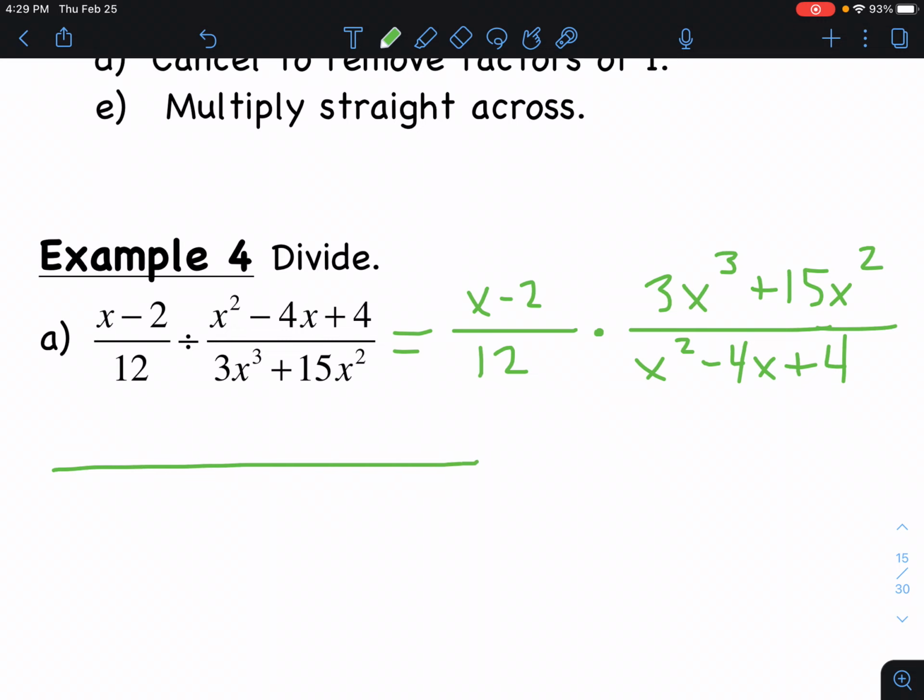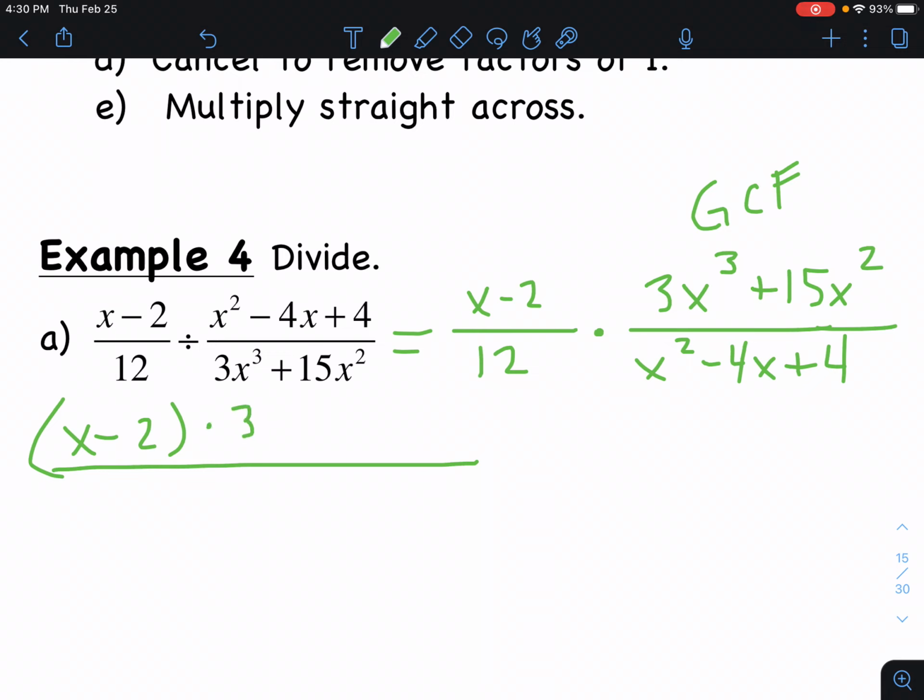On the top left, x minus 2 cannot be factored, so let's just carry that down. On the top right, how can I factor this? I have a GCF here of 3x squared. So 3 and 15 is 3.